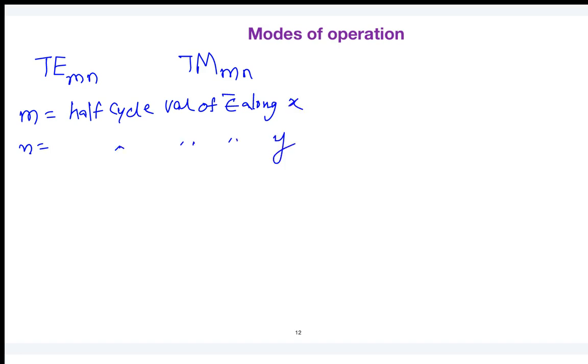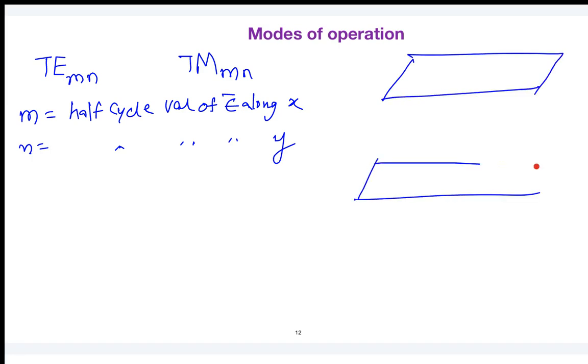So let us talk about the parallel plate waveguide. So this is your parallel plate waveguide, X is equal to 0 and X is equal to A. What I mean to say is, between these two conducting plates, if you see the electric field having one complete half cycle, I can call this mode of operation the first mode.